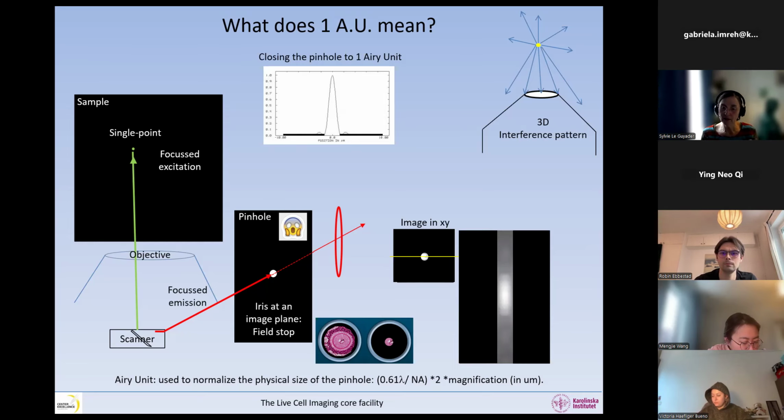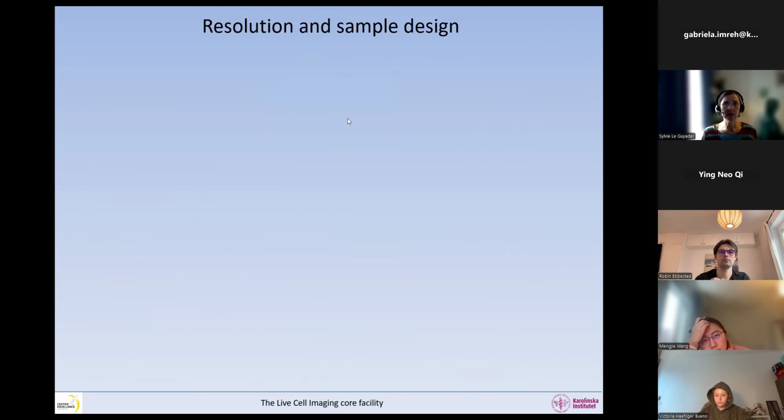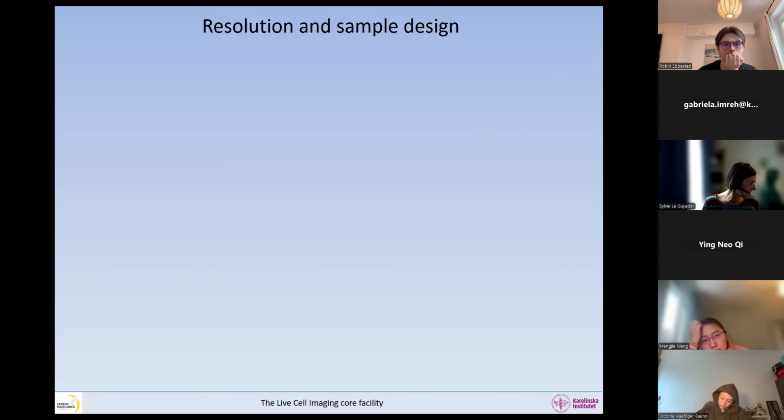You will see there the physical size of the pinhole, and that is in microns, and that's because it's multiplied by the magnification. Okay. So now we know what 1 Airy unit means for confocal users, and clearly this is true both for multi-point and single-point confocals. So the resolution, Robin.